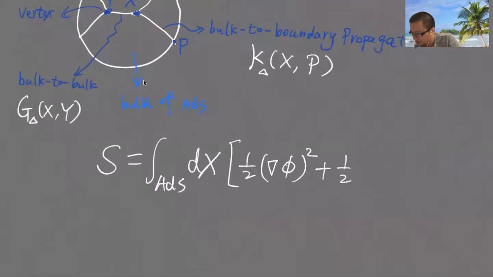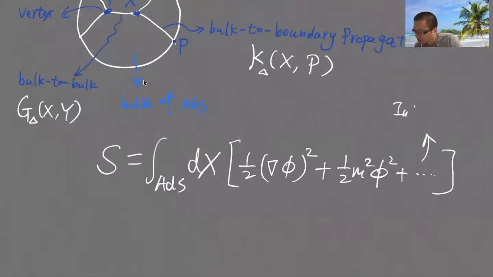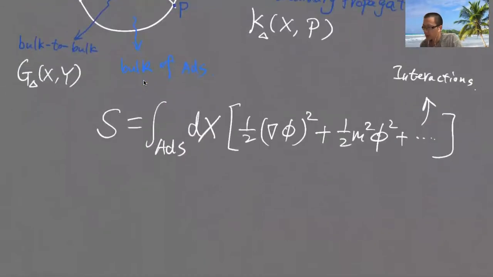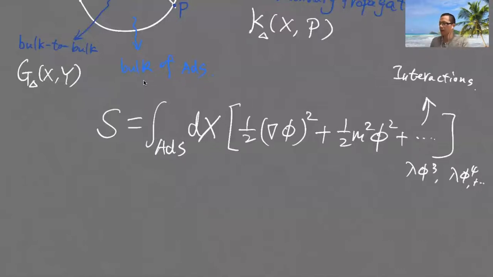These are the interaction terms. They can be, say, lambda phi cubed or lambda phi 4, etc. Such models people often call effective field theories in AdS space.